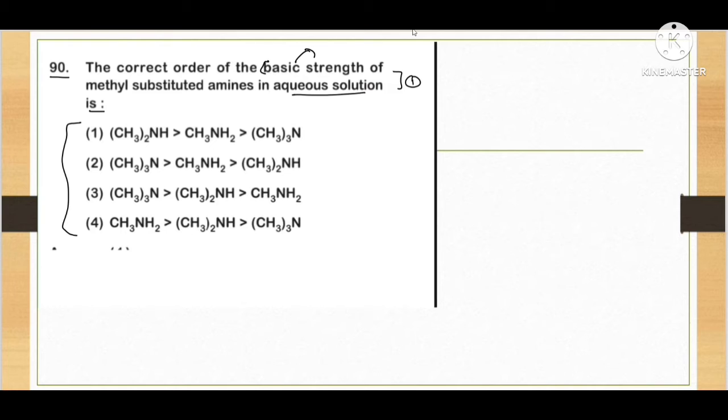We know that in aqueous solution, 3 factors are affecting the donating nature of amines. The first one is electron donating, that is plus sign, inductive effect.